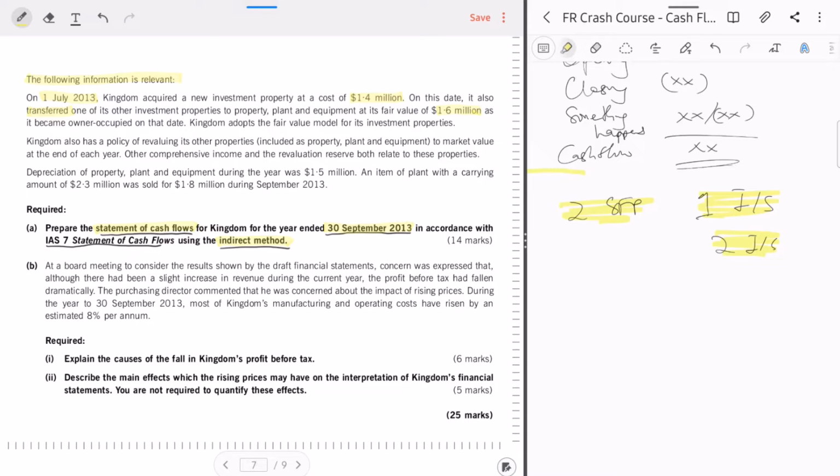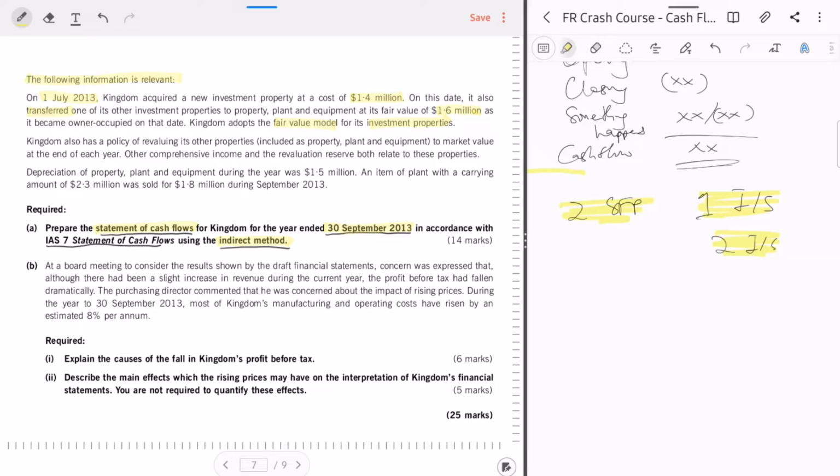Yeah. And they're telling us that this company adopts the fair value model for its investment property. What this means is that, under IAS 40 investment property, all investment property will be initially measured at cost, and then the standard provides 2 subsequent measurement models. We have the cost model, where the investment property will be carried at cost, less any depreciation and impairment losses.